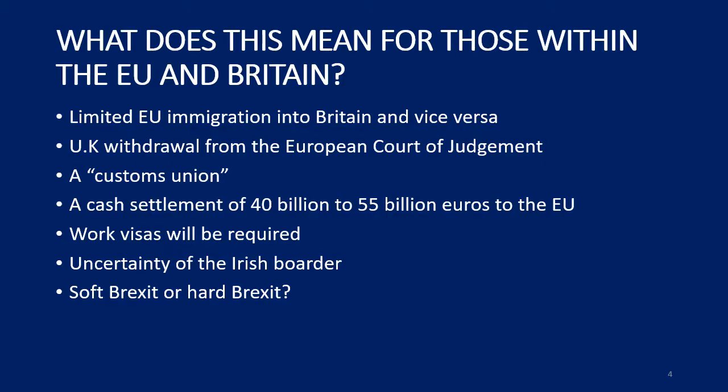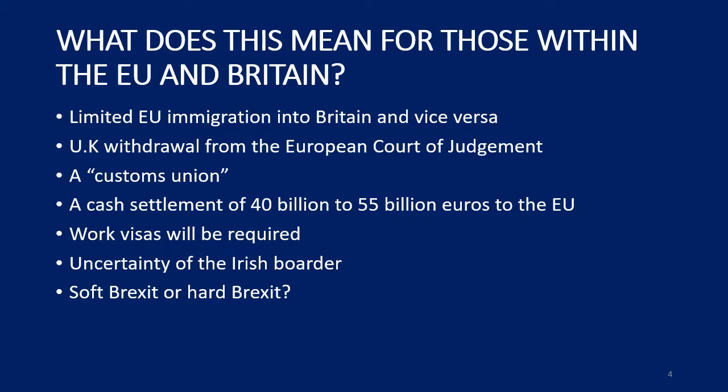What does this mean for those within the EU and Britain? There will now be limited EU immigration into Britain and vice versa. The UK withdraws from the European Court of Justice. A customs union may arise. This affects imports and exports between Britain and EU countries. A cash settlement must be paid, which will be between 40 billion and 55 billion euros to the EU.